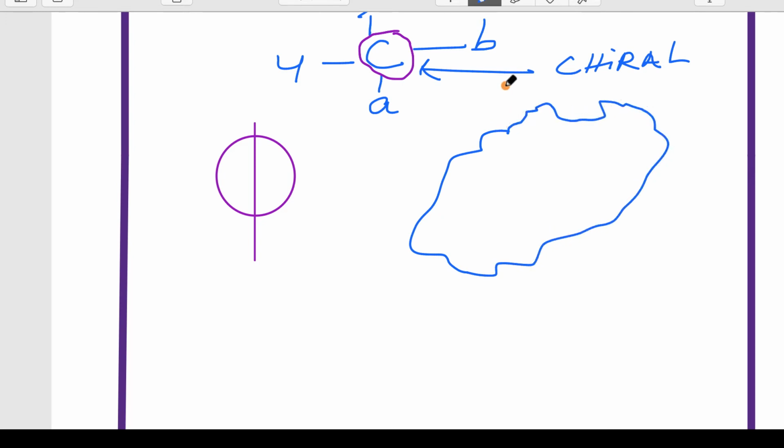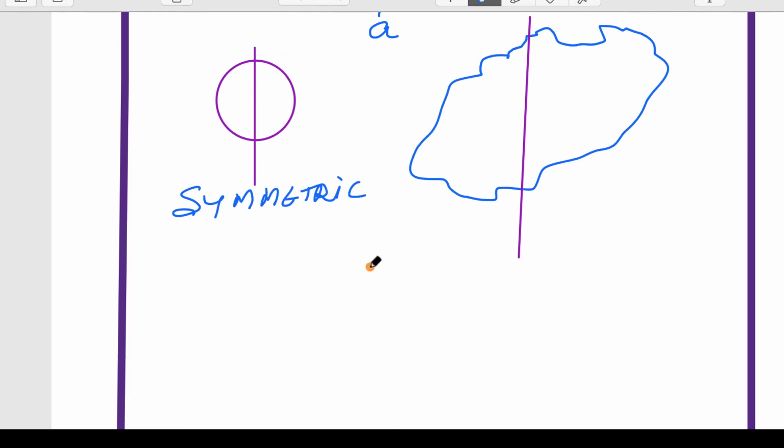When you talk about this particular one, there is no such symmetry. So one is symmetric and the other one is asymmetric.